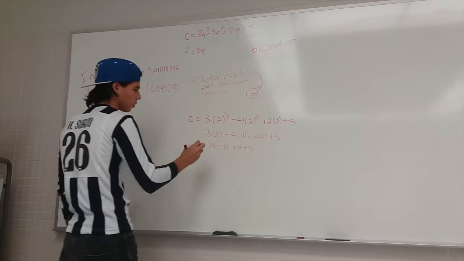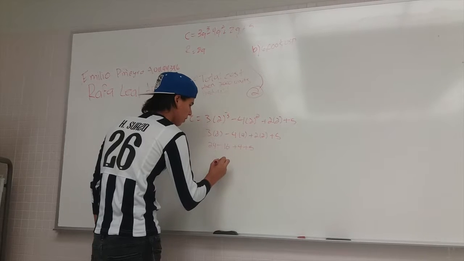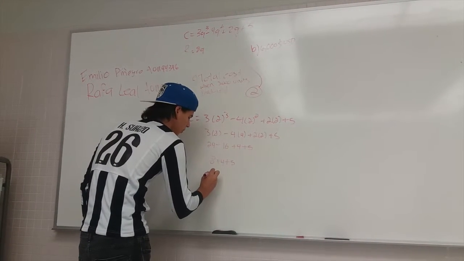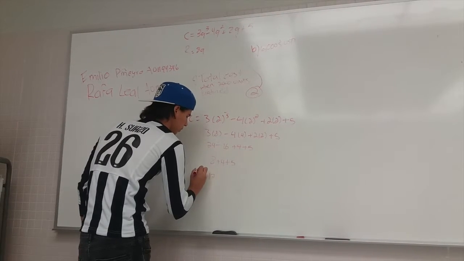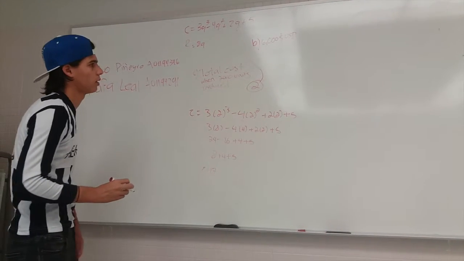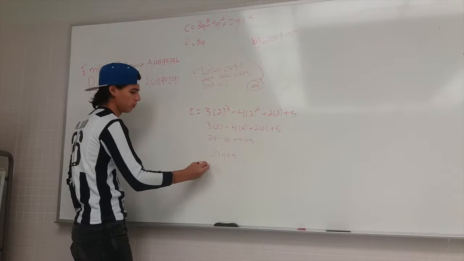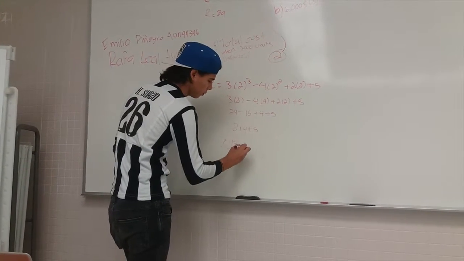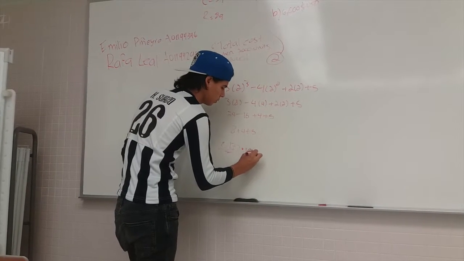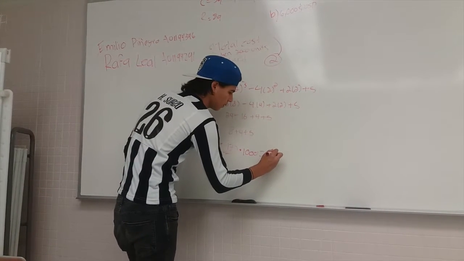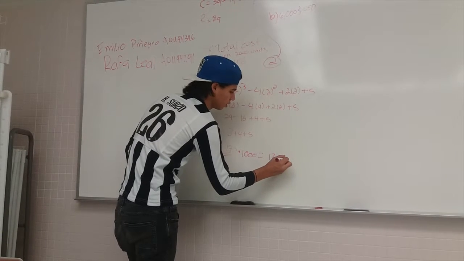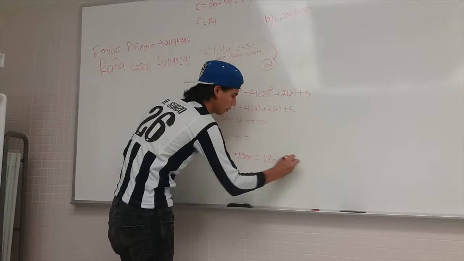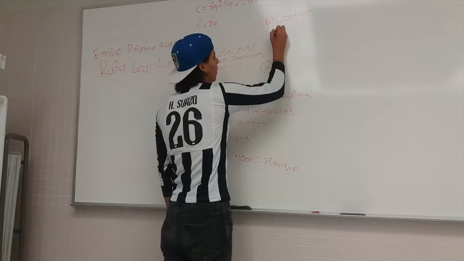Then this is equal to 8 plus 4 plus 5, so 17 is our answer. Now we multiply this 17 by 1,000 and get 17,000 US dollars. This is our second answer.